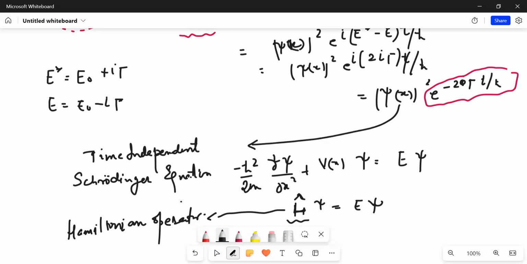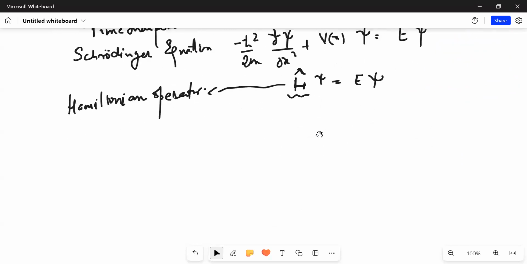An important assertion that can be drawn from here is that these stationary states are the states of definite energy. By definite energy I mean I have no uncertainty in the Hamiltonian, that is, the variance of H, the uncertainty of H, would be 0. Let us see.